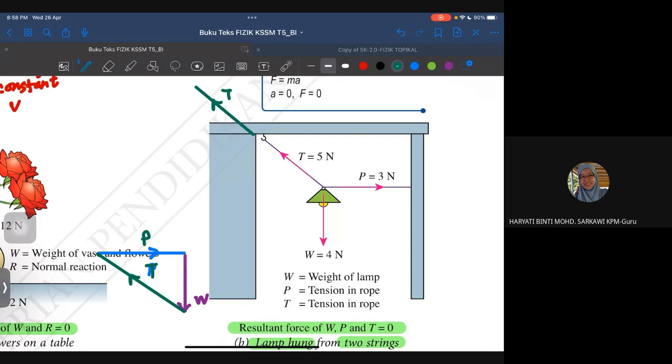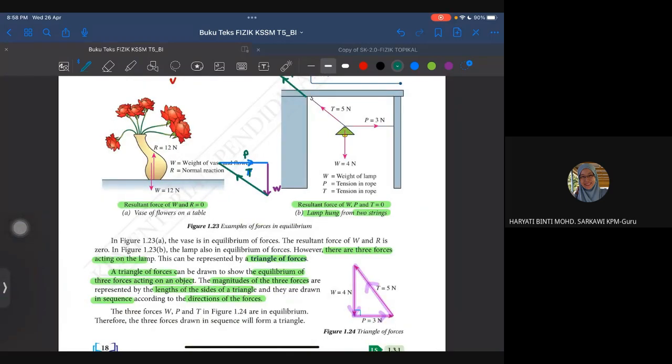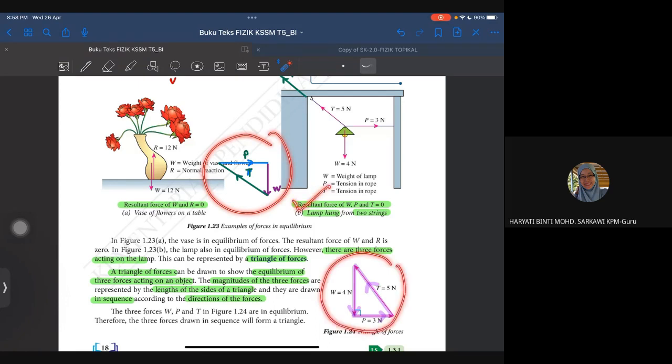So this diagram and the previous diagram, either way, you can draw this diagram or this diagram, both are correct. Can we draw other diagrams? Just now I started with W, right? So let's say we start with P.